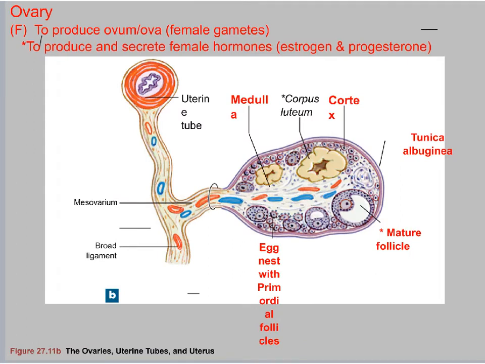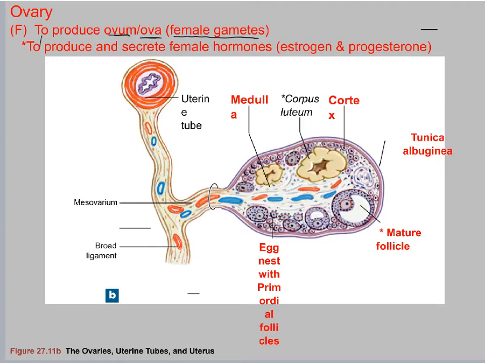So let's move on to the function of the ovaries, and that's to produce the female gametes. Ova is plural for eggs. Ovum is singular.